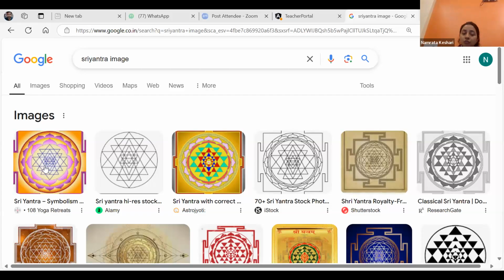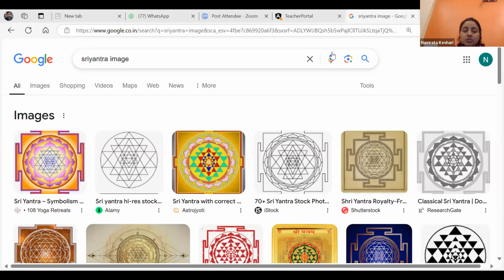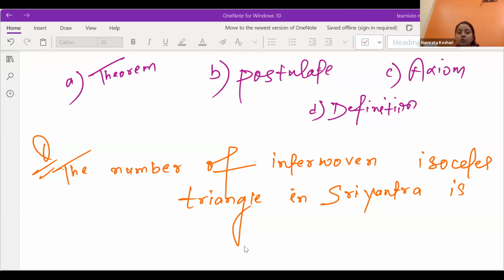Inside this triangle, 9 isosceles triangles are there, which is just a sentence mentioned in the history part of NCERT. If you read, you will be able to see that there were 9 isosceles triangles. Otherwise there is nothing you need to read, you just need to go through it. Nothing else is there, just this much.